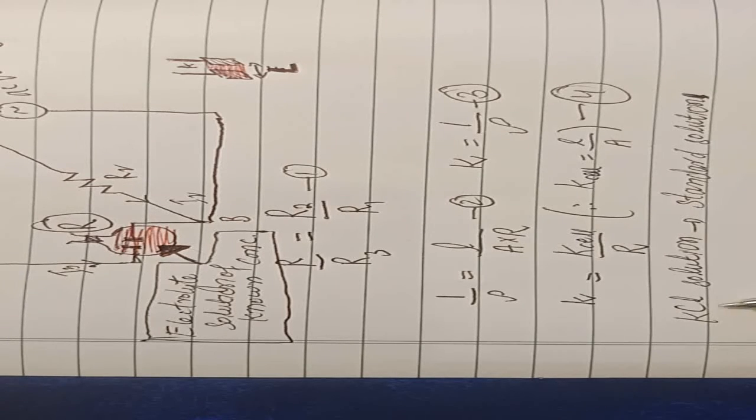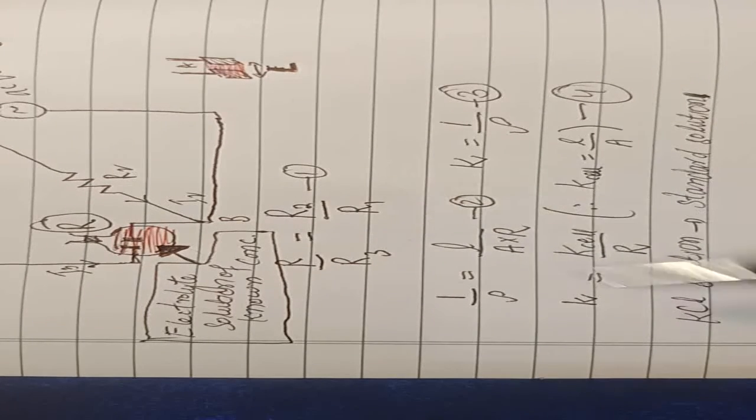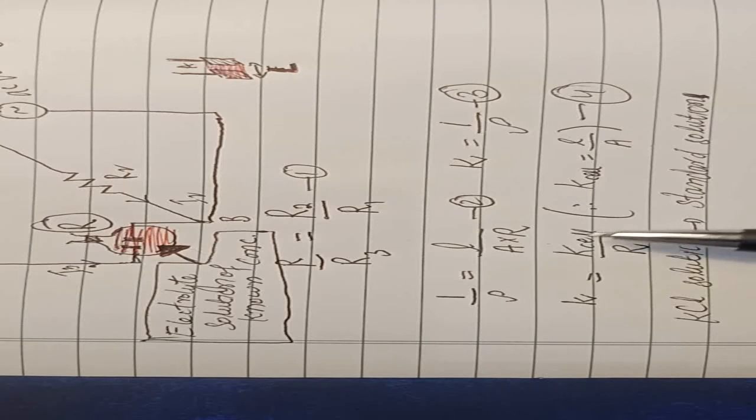So we can take a known concentration of potassium chloride solution, measure the resistance directly from the cell given here, and then calculate the cell constant using the KCl solution. This is known as cell calibration. After this calibration, we will have the value of the cell constant.